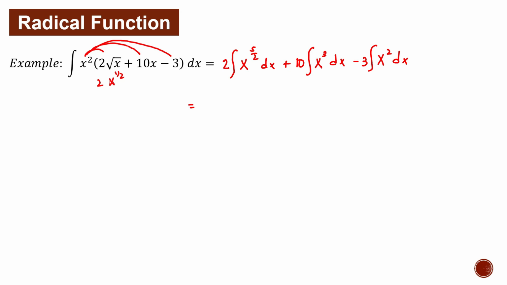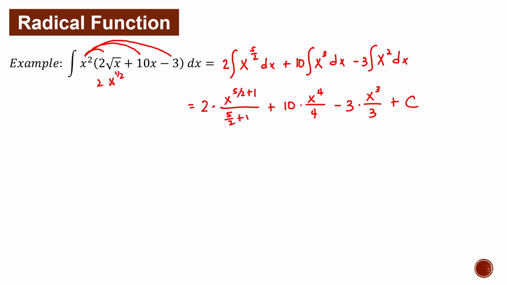And this is equal to 2 times x raised to 5 over 2 plus 1, 5 over 2 plus 1, plus 10 times x raised to 4 over 4 minus 3 times x raised to 3 over 3 plus c.